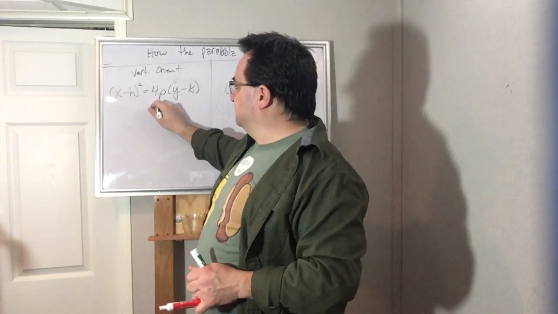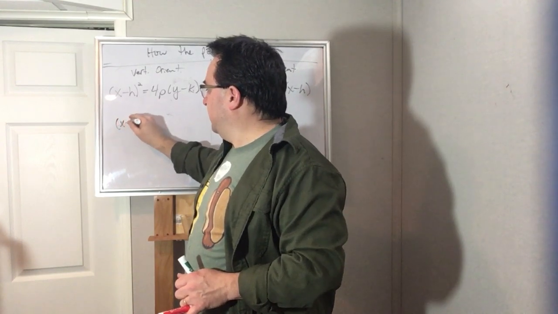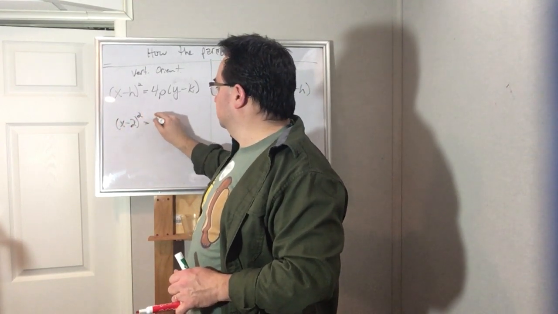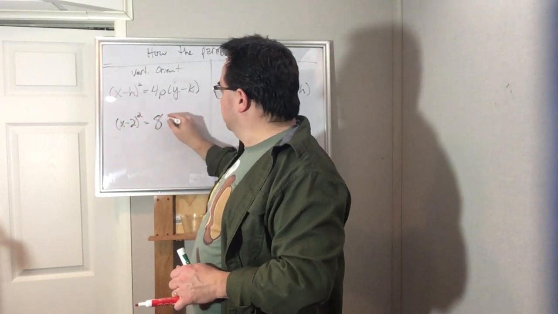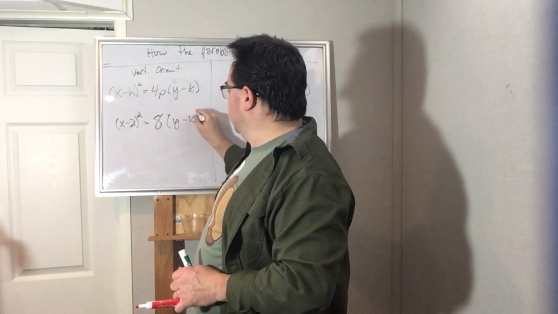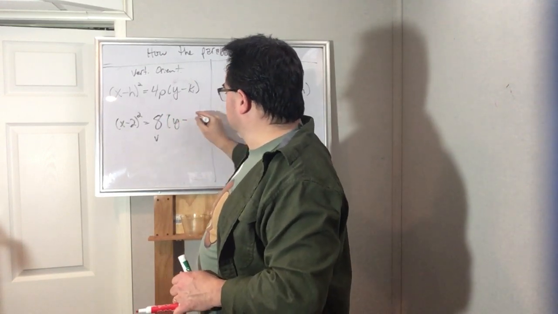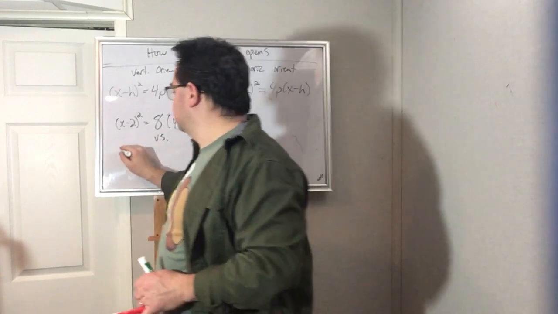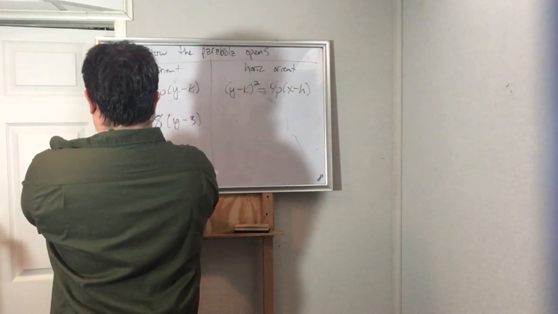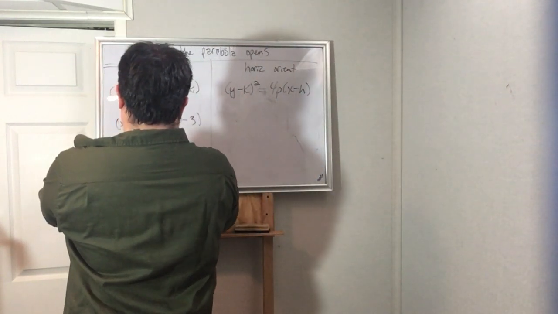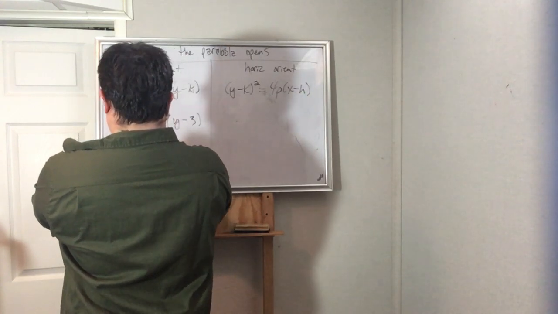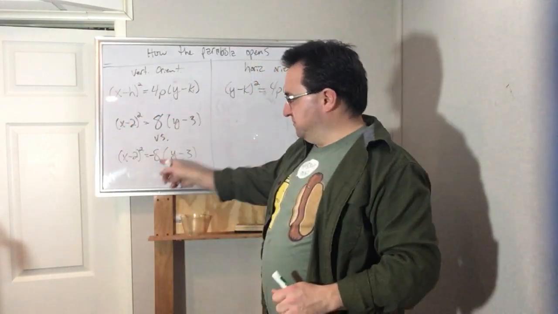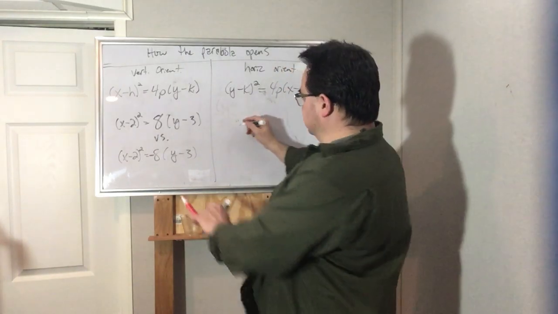Now, if this number is positive, if I have x minus 2 squared equals 8 times y minus k, we'll put a number there, versus x minus 2 squared equals 8 times y minus 3, but there's a negative there. See, it could be 8 or negative 8. Now let's do the same thing here.